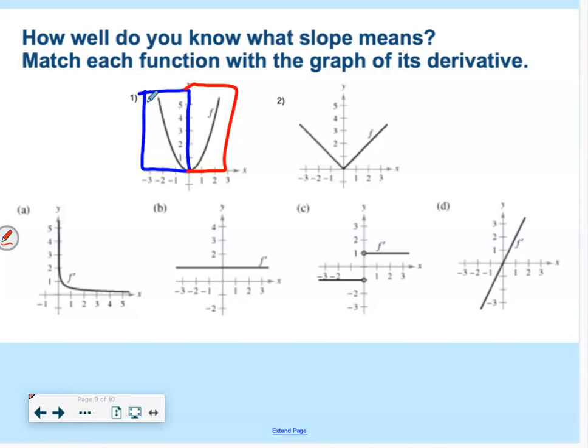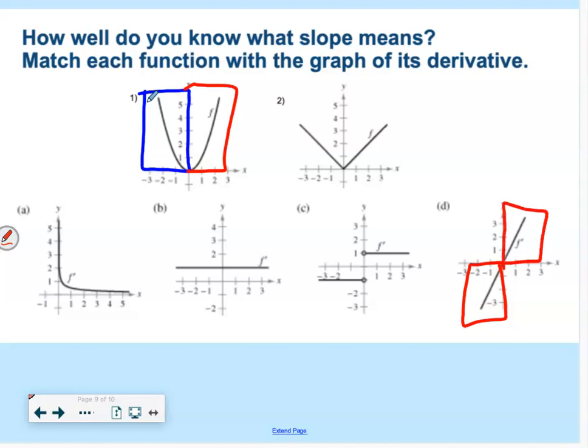Negative just means below the x-axis. It means literally negative. If I plugged in a number on this side of the y-axis, would I get out a negative value on the derivative?